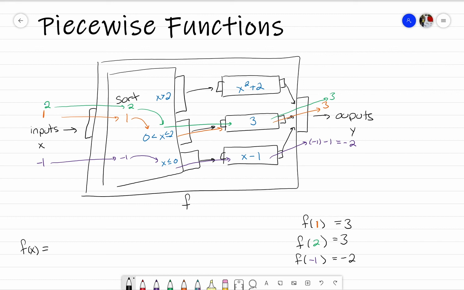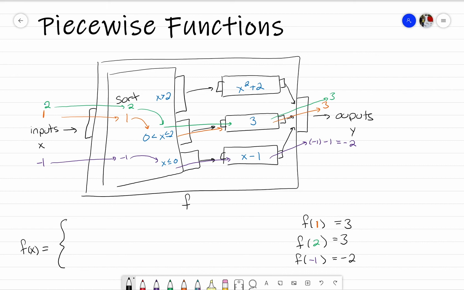And then to take into account the fact that I have 3 components, I'm going to put these curly brackets here, and there's going to be 3 lines. Now, when we draw the machine, the sorting comes first, and the rules for each of the bins come second. But in mathematics, we actually write it the other way around. So we're going to write the rules first, and then we're going to write the bins after that.